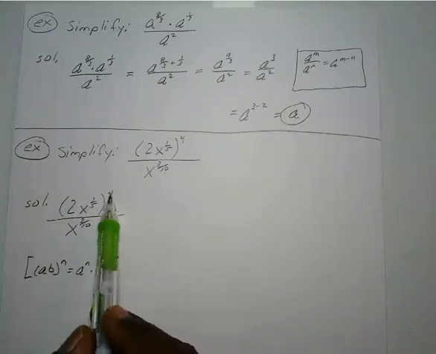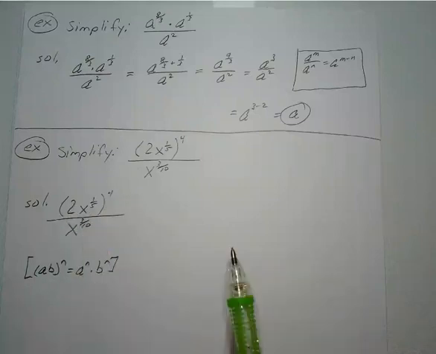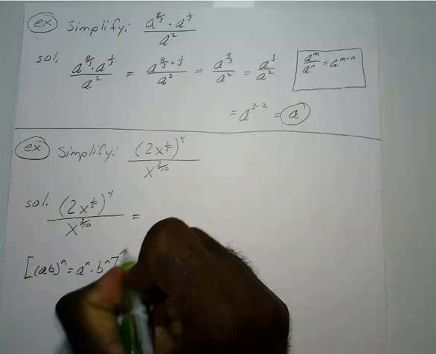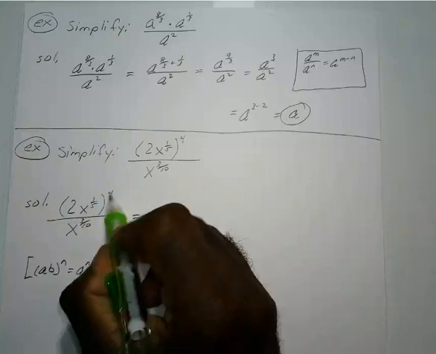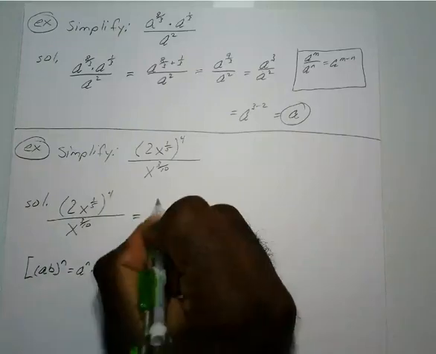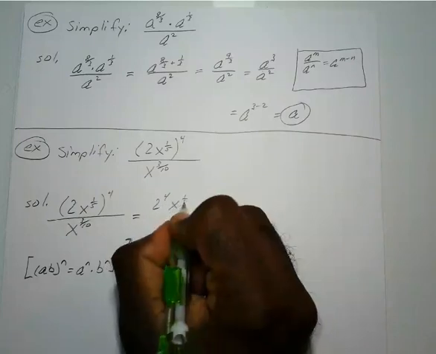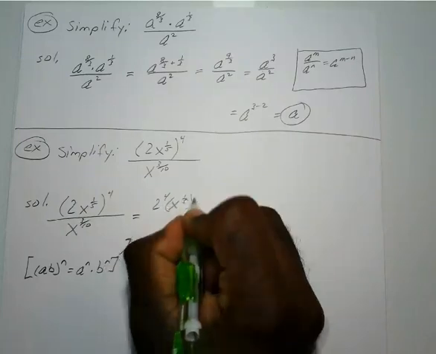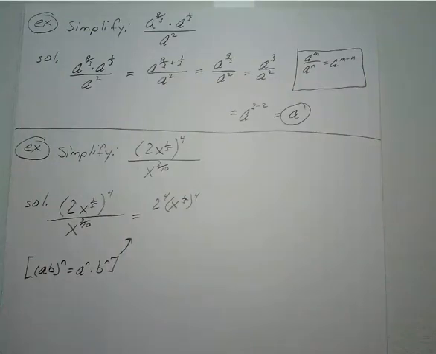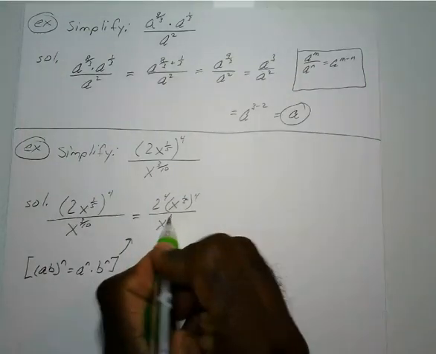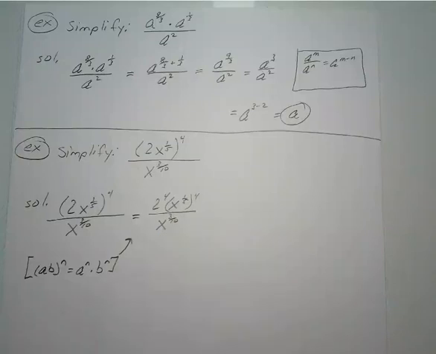So that's going to equal 2 to the 4th power times x to the 1/5 power, remember, that's going to be to the 4th power, all over x to the 3/10 power. So all we did was get rid of those parentheses by applying that one rule here.